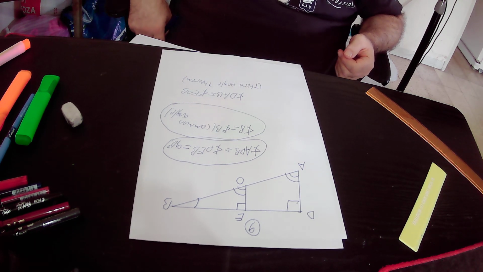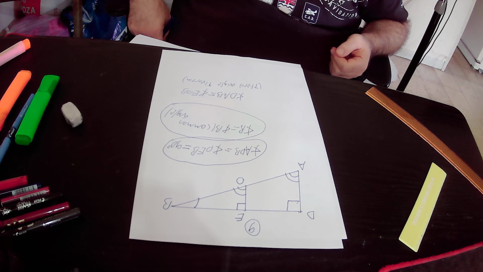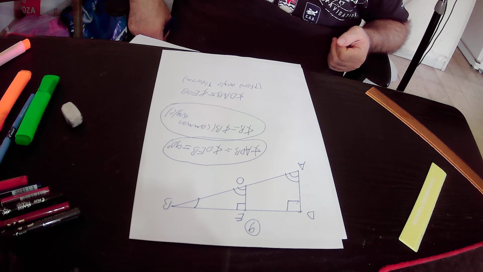Actually, the third angle theorem states that if you have two triangles, and two angles in the first triangle are equal to two angles of the second triangle, then the third pair of angles in those two triangles must also be equal, because the third angle completes the sum of the angles in the triangle to 180 degrees.